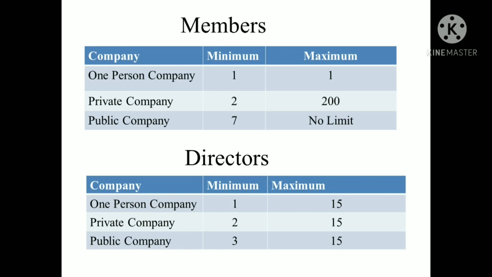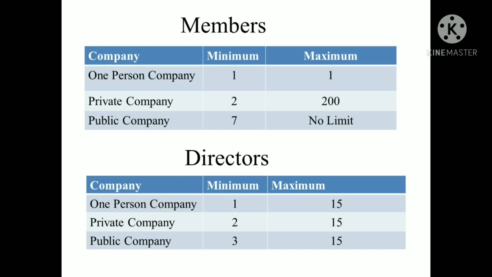Now let's see about the directors. In one person company, minimum 1 director is required, and there may be the maximum 15 directors in one person company. In the same case, in a private company, minimum 2 directors are required and maximum 15 directors. In public company, minimum 3 directors are required and maximum 15.